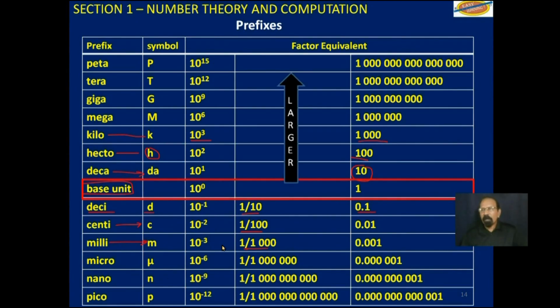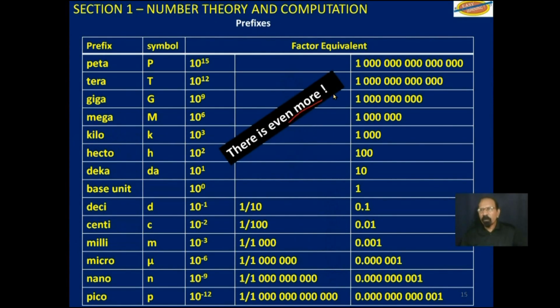As you go up, they get larger, and as you come down, they get smaller. So a millimeter here is smaller than a centimeter here. As you go up, it gets larger. Of course, a megawatt is larger than a kilowatt, because as it comes down, it gets smaller.